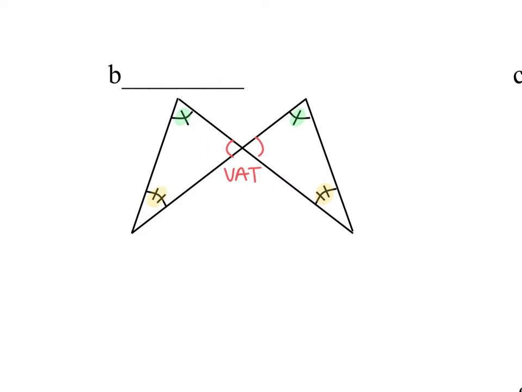Remember, if you ever have an X, vertically opposite angles are congruent. So far I have angle, angle, angle, congruent to angle, angle, angle. Now AAA is not a property, so those two triangles are not congruent because AAA is not a property.